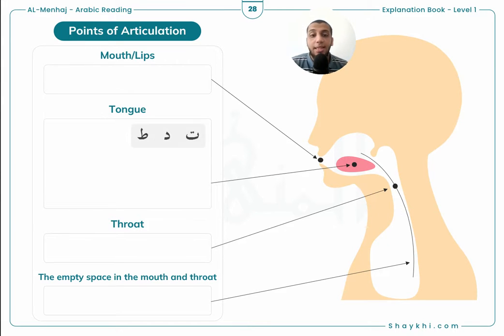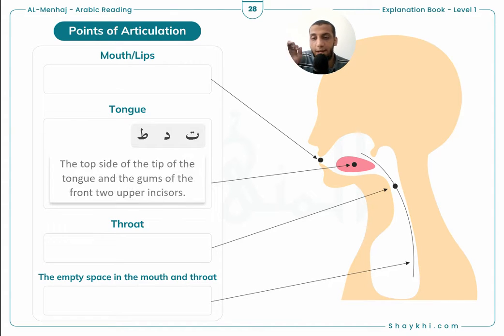The three letters are ta, dal and ta. These three letters have the same point of articulation. What is it? Let's discover it. The top side of the tip of the tongue and the gums of the front two upper incisors.